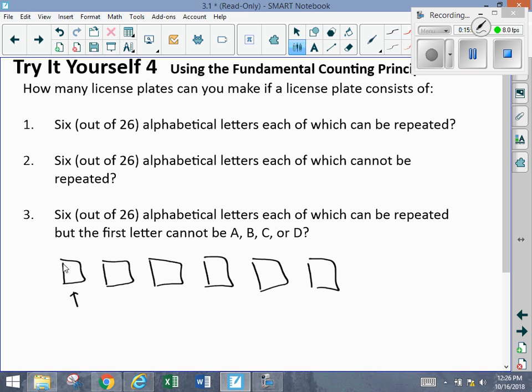So how many possibilities are there for this, just this one slot? There are 26. And then this one also, right? 26. This one has 26 possibilities. And so on, right?